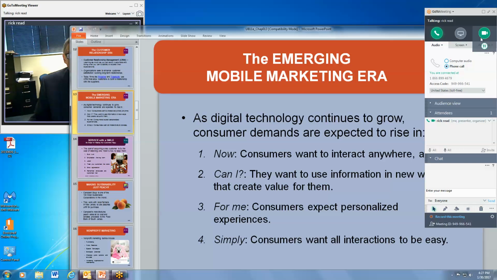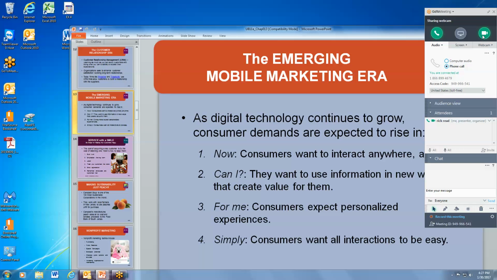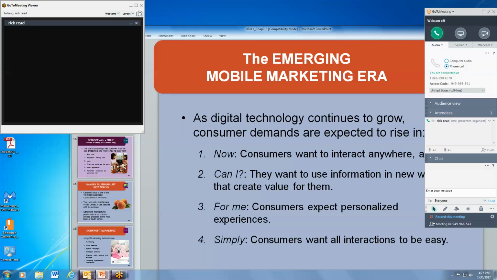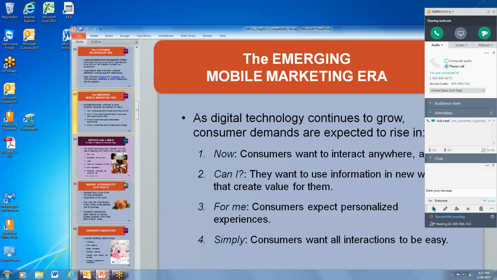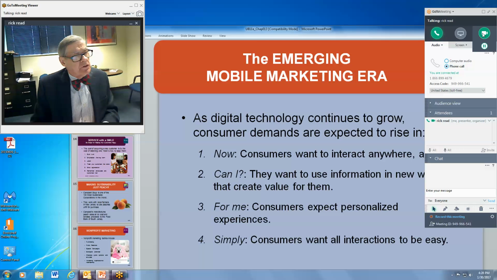This just talks about the mobile marketing era. Now that is something that is, at least to me, associated with the customer relationship era. And look at how customer demands have grown. Now, they want it now, okay?